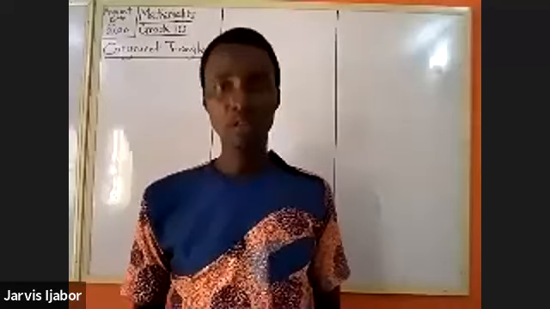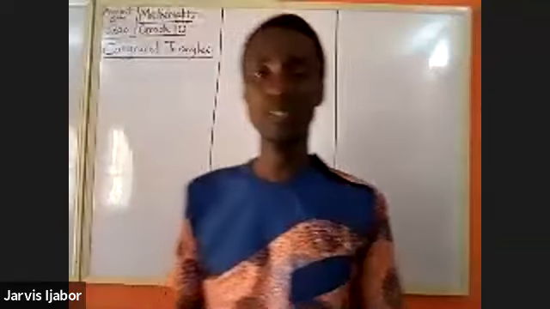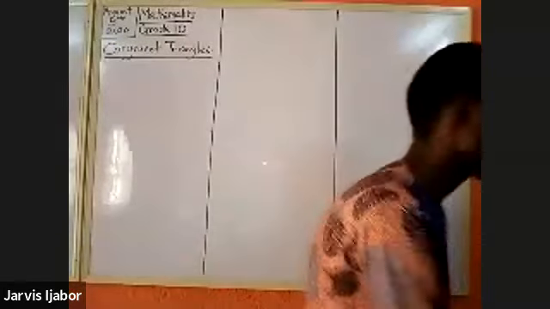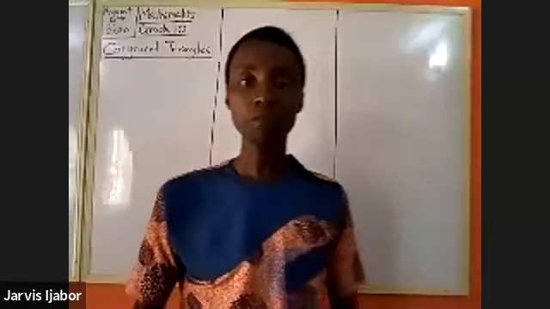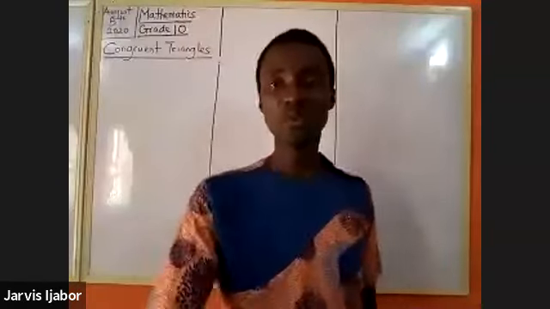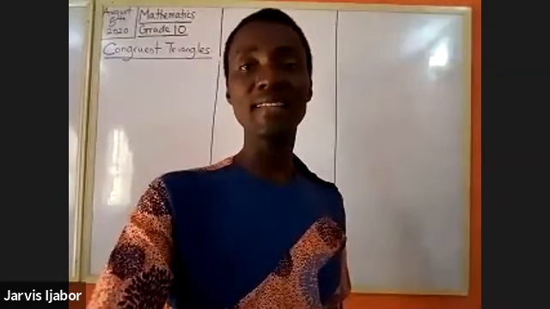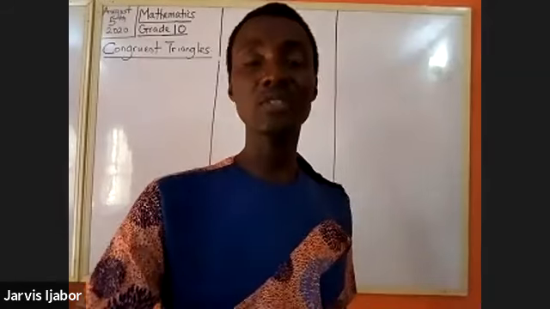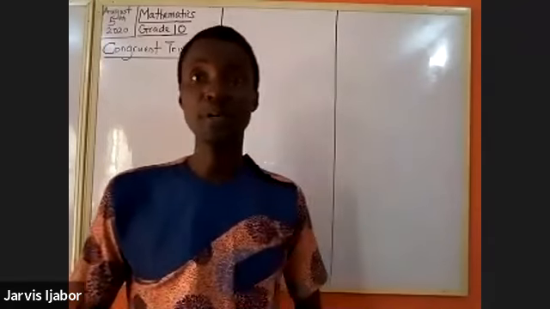All right. Now, there are different iterations to this concept of congruency. For instance, we have what is called the side, the right angle hypotenuse side, side angle side, and as the case may be.